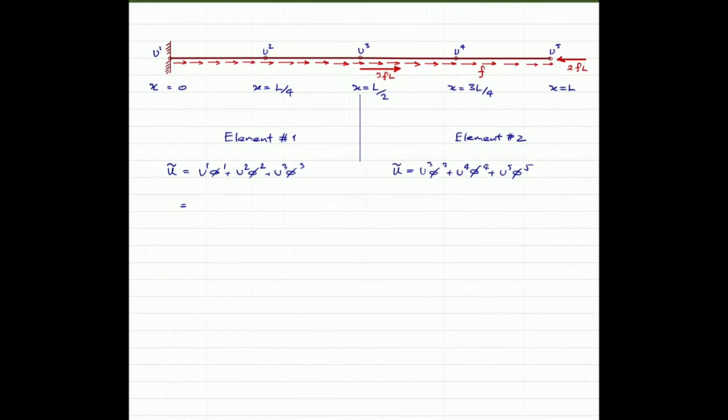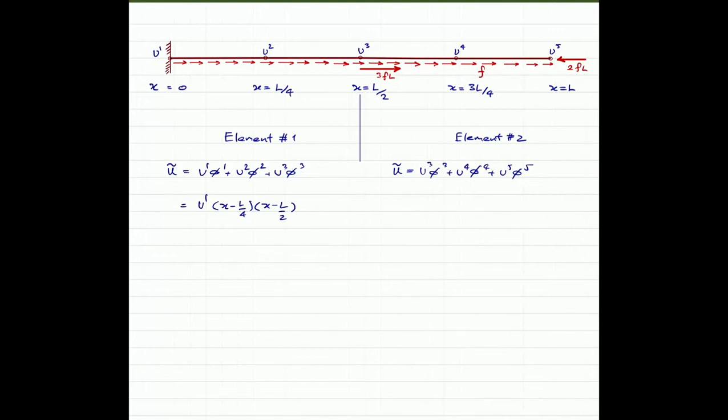So for the u1, you're going to multiply by x minus a quarter L and x minus L over 2.